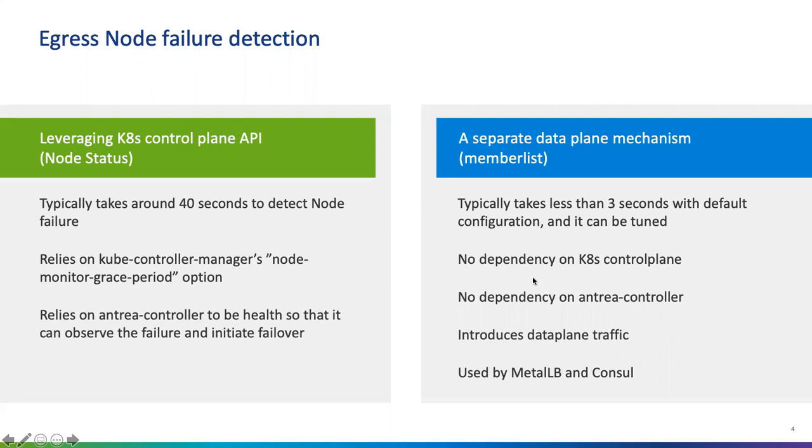And apparently, this solution has no dependency on Kubernetes control plane and has no dependency on Antrea controller. The only drawback is that it will introduce some data plane traffic for the communication between agents.